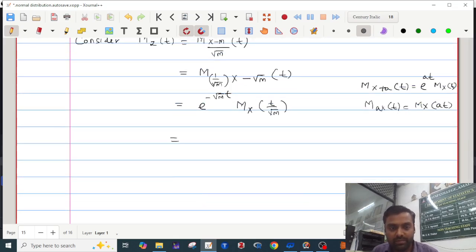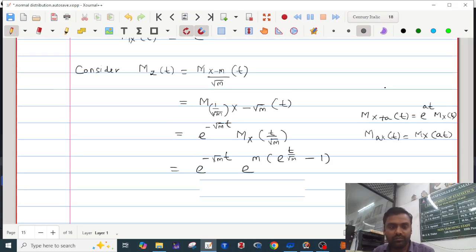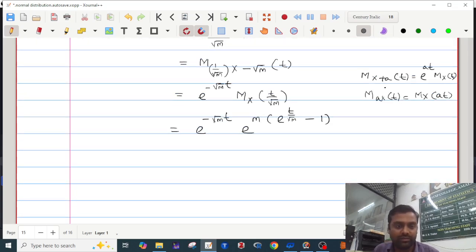So solve this: e raised to minus root m t, and the MGF of Poisson distribution is e raised to lambda, that is e raised to m, into e raised to, instead of t replace by t upon root m, minus 1. This is the MZ of t.